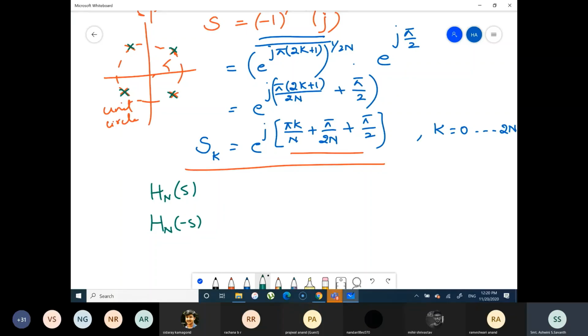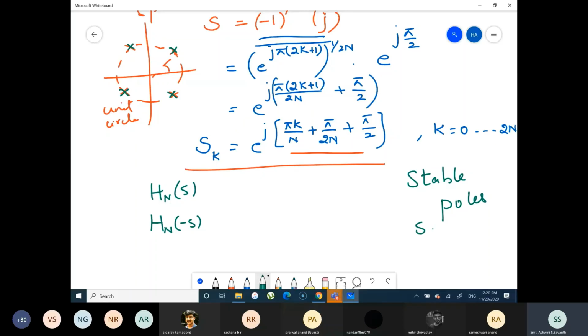I don't need both of them. I'll just pick out one transfer function from this, and since I am interested in designing a stable filter, we will pick out those poles which give us stability.